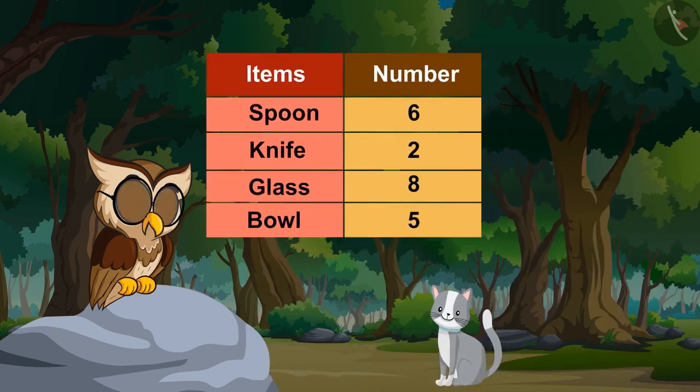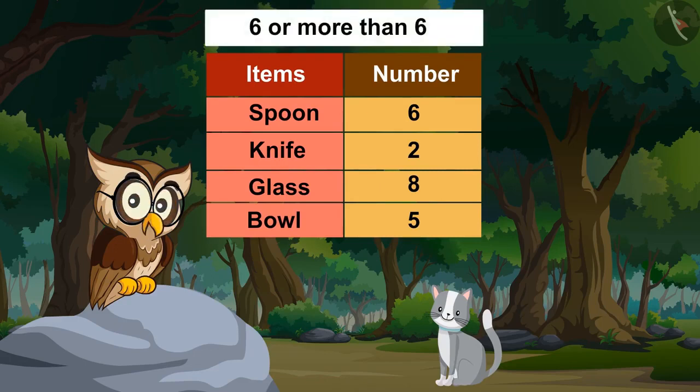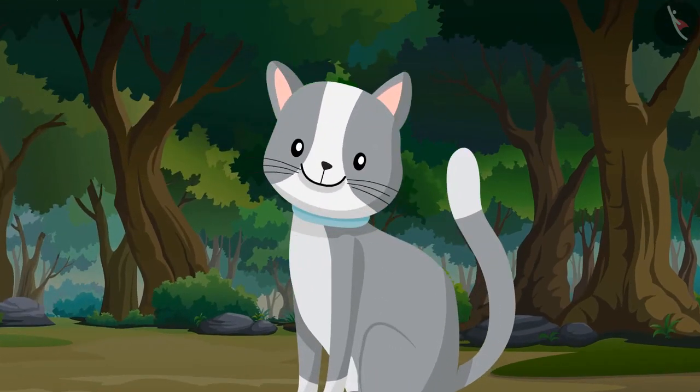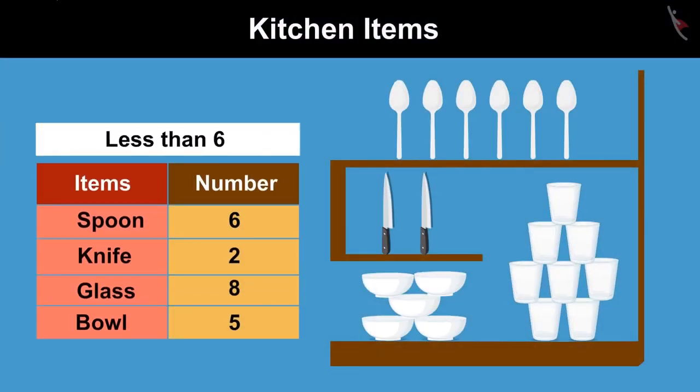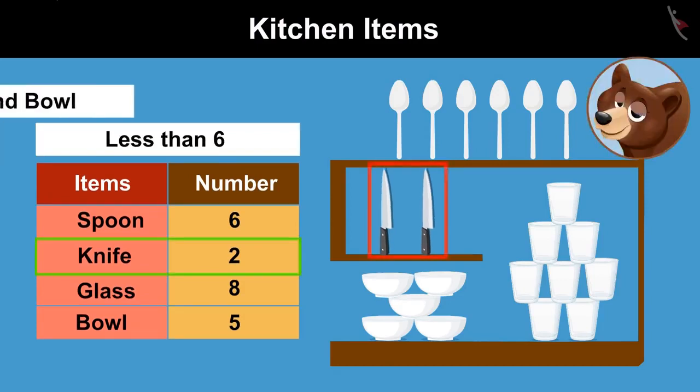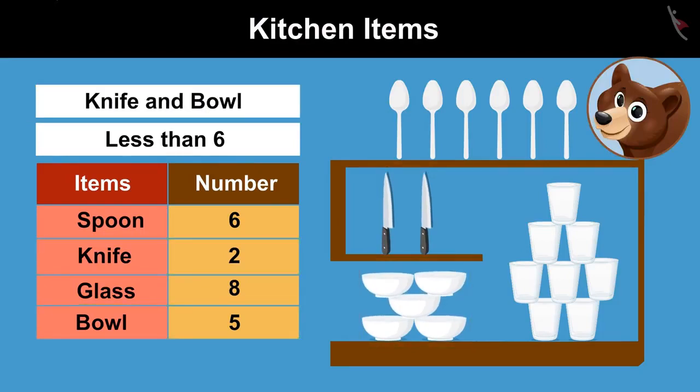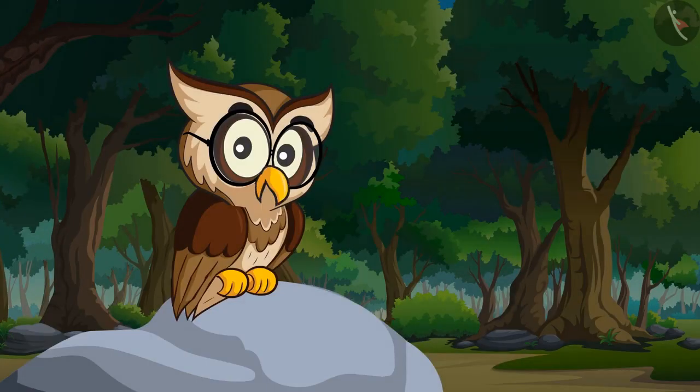But Saloni, if I would have asked which kitchen item is more than or equal to 6, then your answer would be correct. Oh, now I get it. So now can you tell me which kitchen item is less than 6 in number? Knife and bowl. Absolutely right.